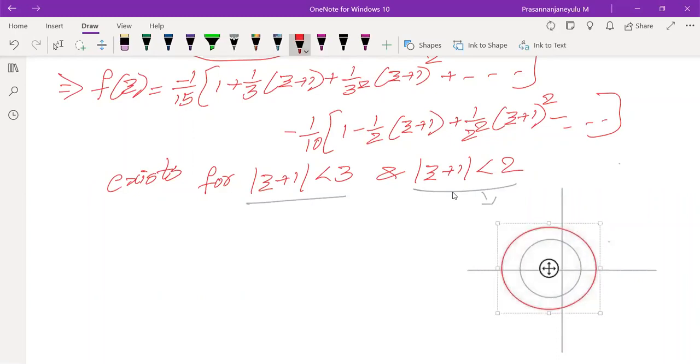Now this one is 2 units distance, and assume that another one is 3 units distance. This is the center, minus 1.